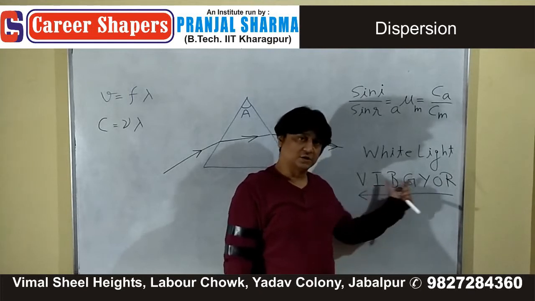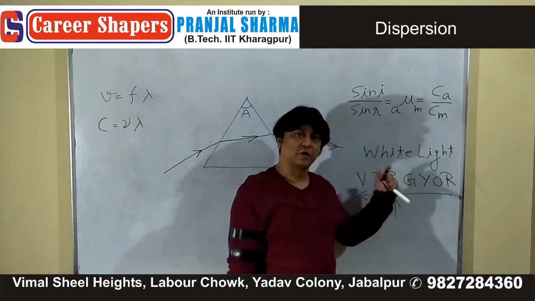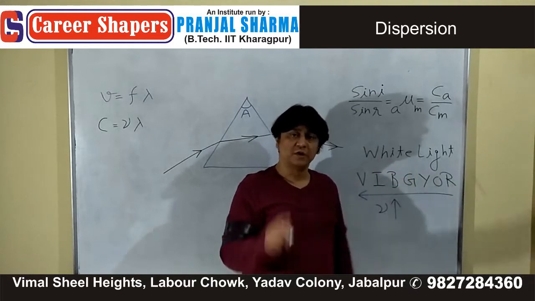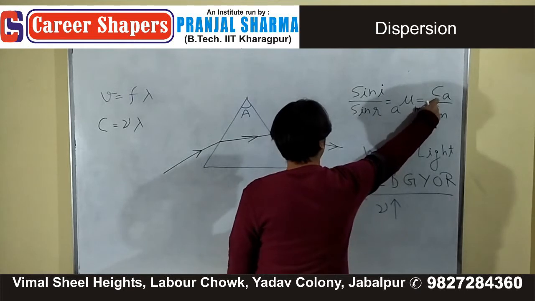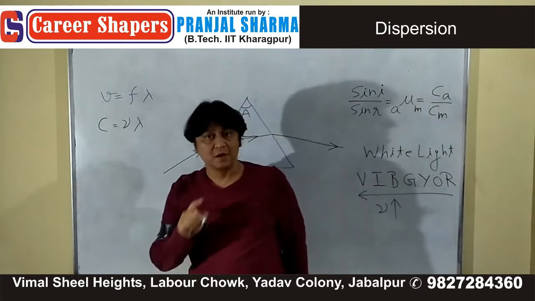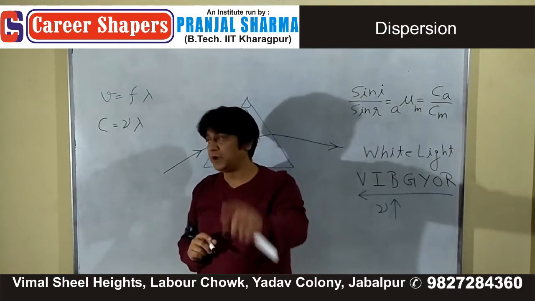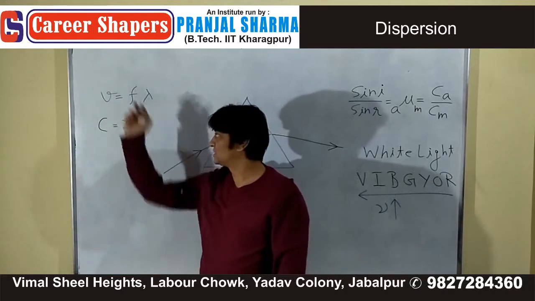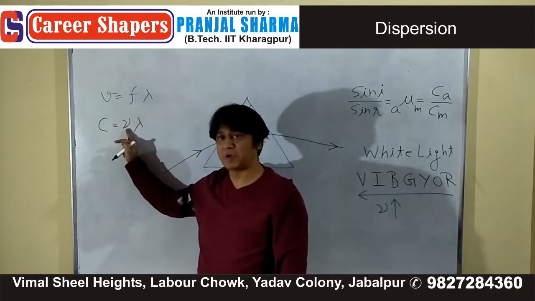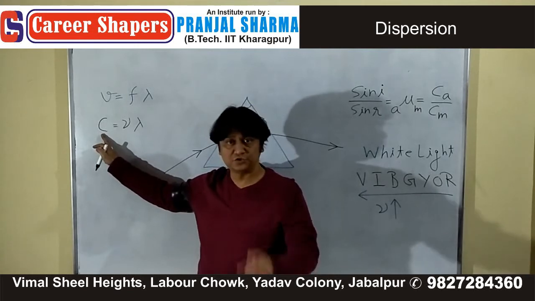All these colors, when they travel in vacuum or air, travel with the same speed of 3 × 10^8 meters per second, which we have taken as Ca. But the moment you enter a medium, the frequency remains the same, but c changes.